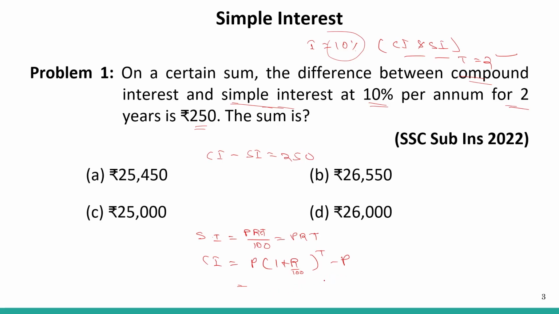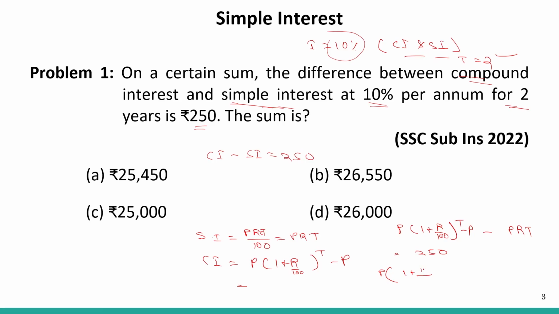So we are given that P into 1 plus R by 100 whole power T, minus P, minus PRT, is equal to 250. You can take P common: P into 1 plus R by 100 whole power T, minus 1, minus RT.